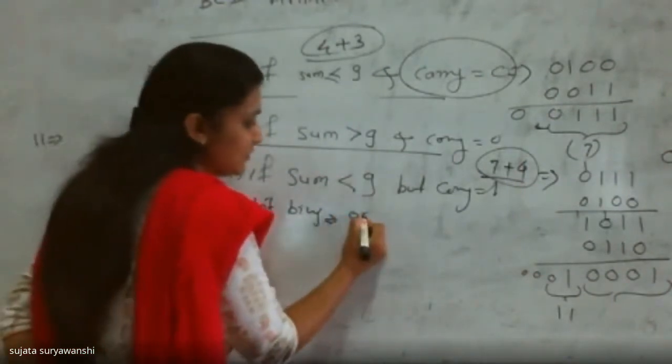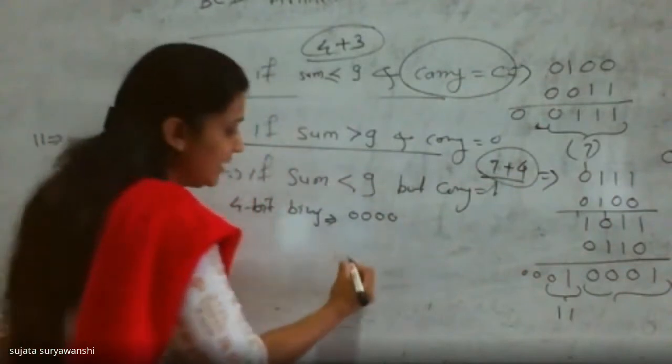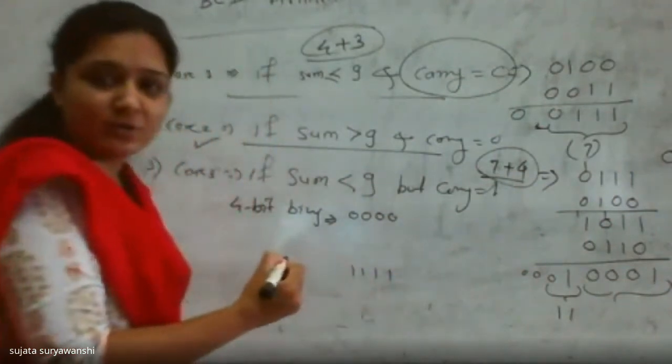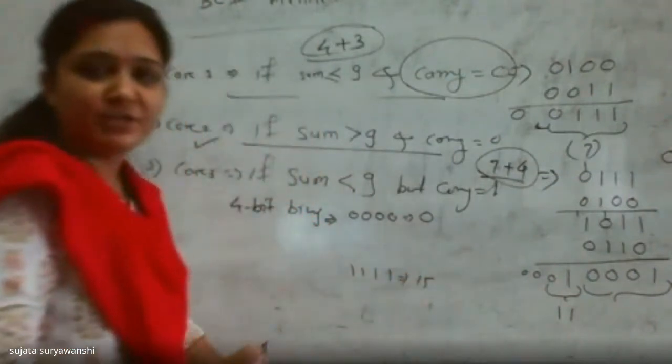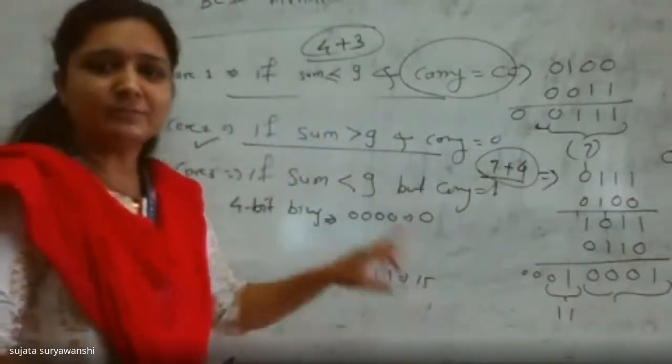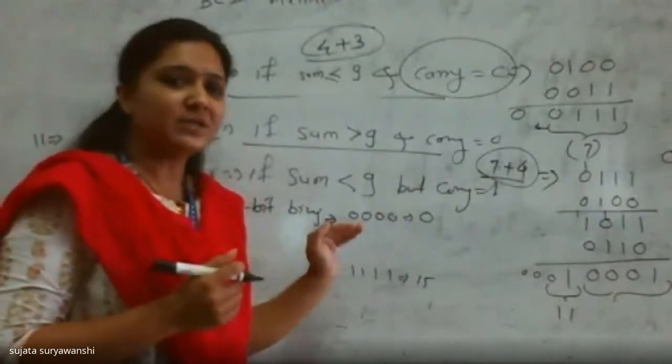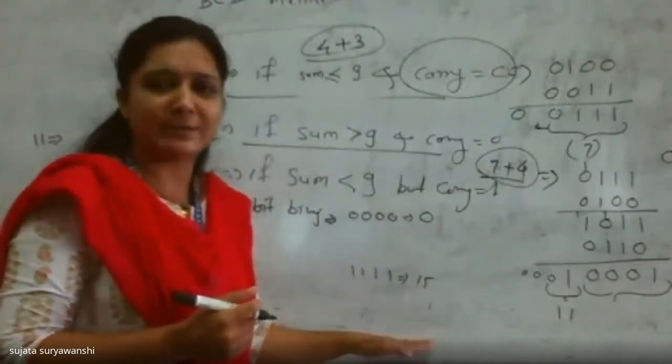Start with 0000 and end with 1111. So the magnitude is 0 and this is 15. Means from 0 to 15, a total of 16 numbers we can represent using 4-bit binary.